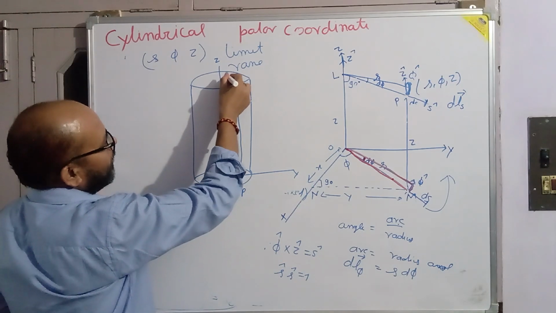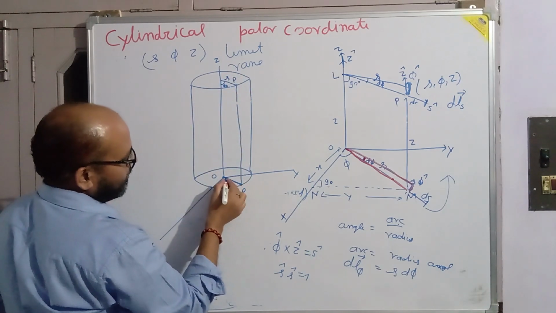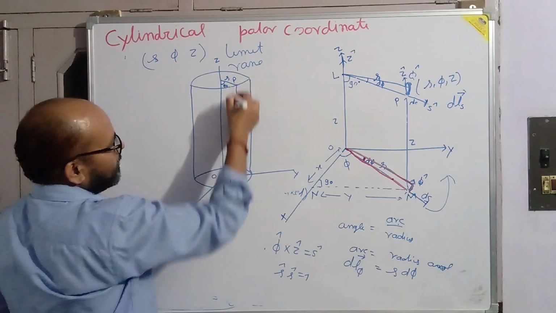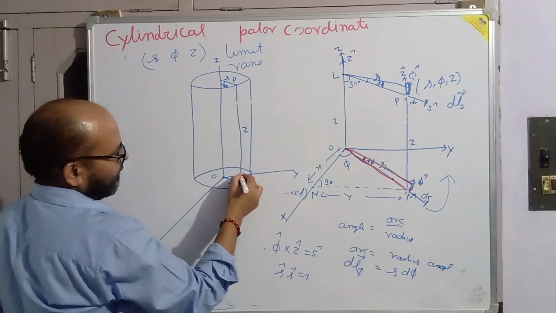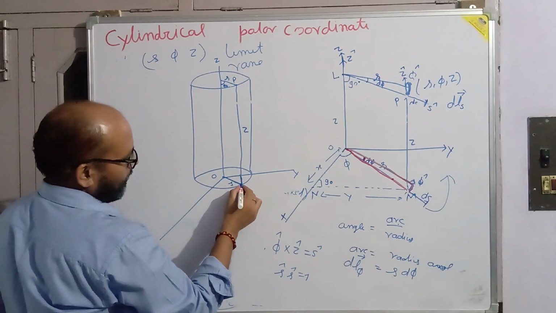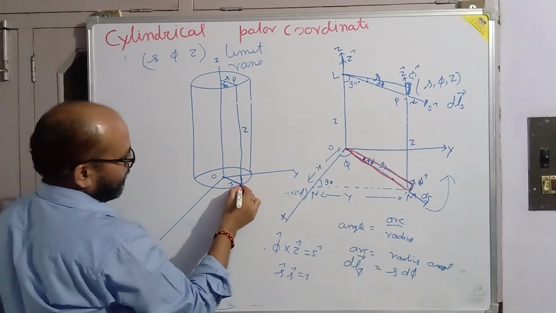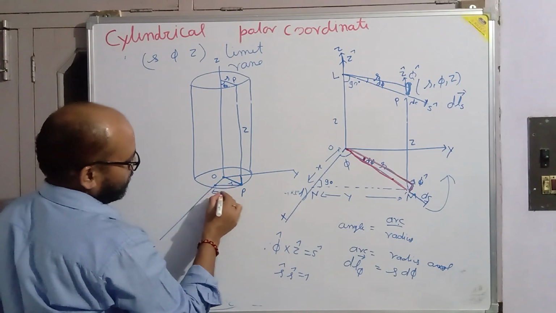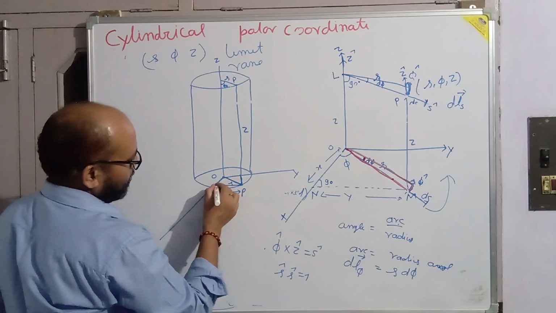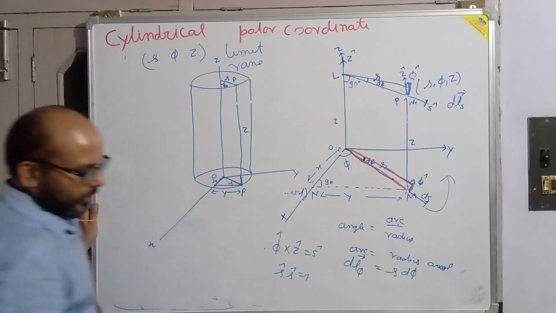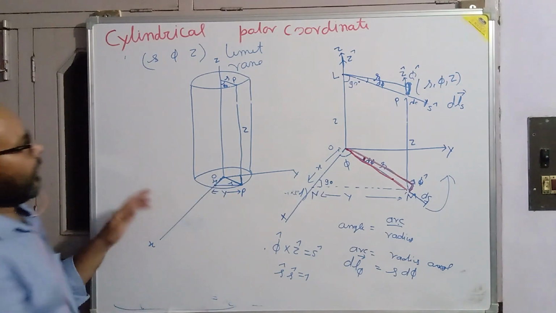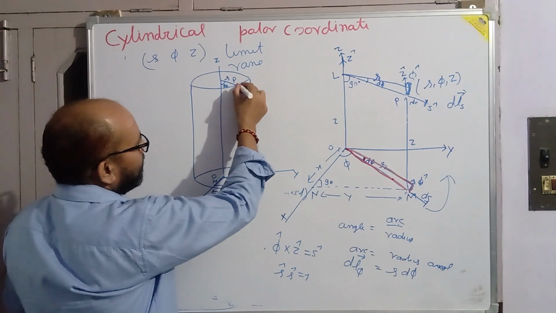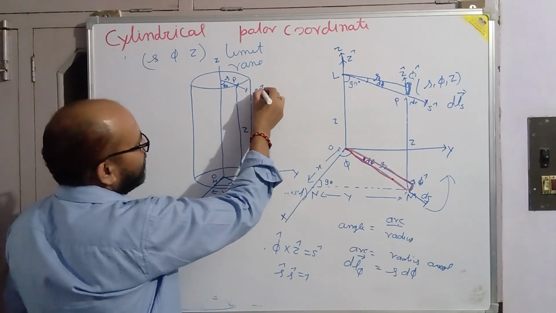So this value is s, that is P. And here this direction is z. This is the y coordinate, this is the x coordinate. Now suppose at point P, the increment is ds s cap.